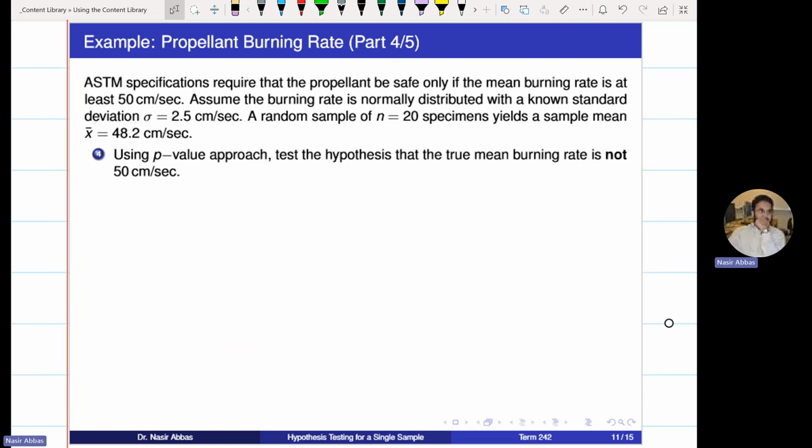Next question. It's the same part 3, but here they're asking us to use what? Using p-value approach, test the hypothesis that the true mean burning rate is not 50. Let's write down the statement. Let me highlight the statement. This is what the question is asking us to test. Write it as a hypothesis.